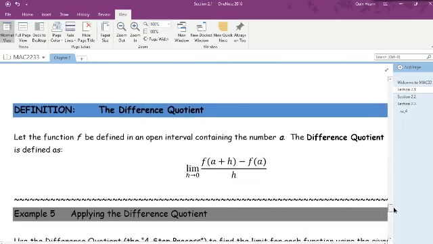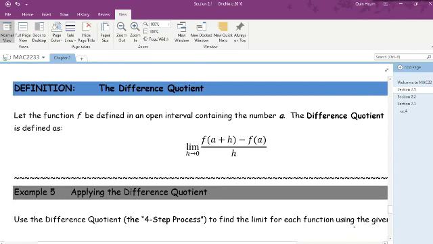The last topic in section 2.1 that we need to cover is called the difference quotient. The difference quotient is this part right here. It's called the difference quotient because it involves a difference, a subtraction, and it involves division as well.